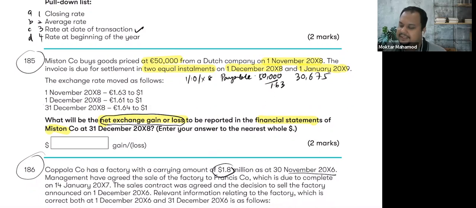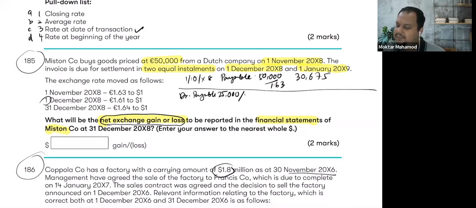Okay, on 1st December, he pays. Credit cash, debit payable, half of it, 25,000. This question does not ask for it separately, so we do it in one go: multiply by 1.63 and divide by 1.63.